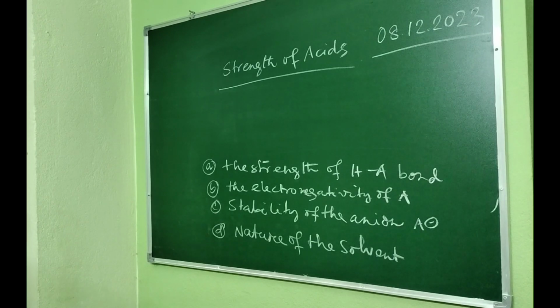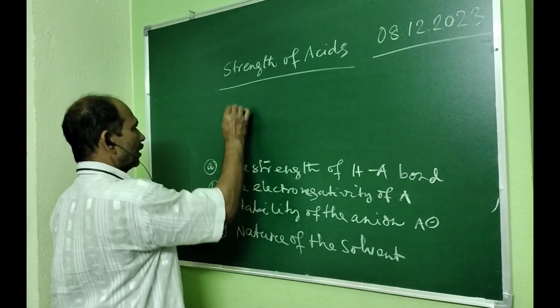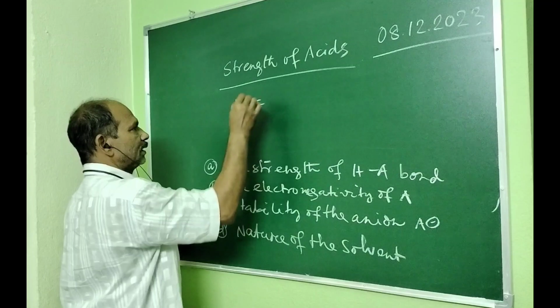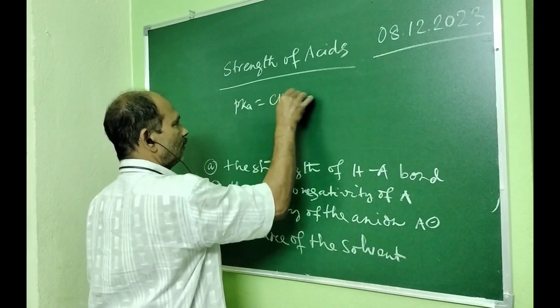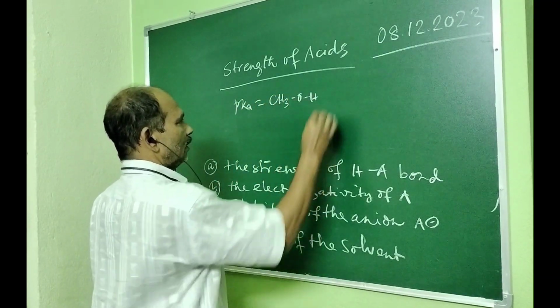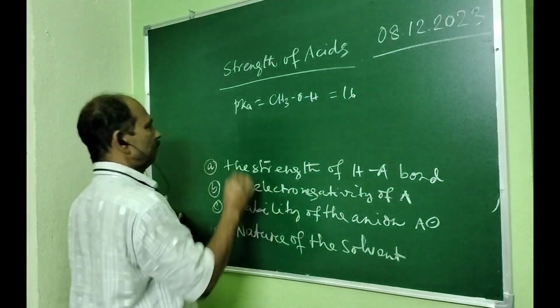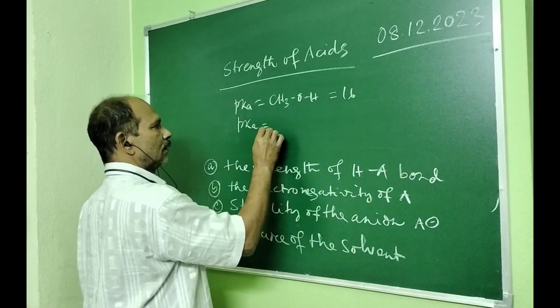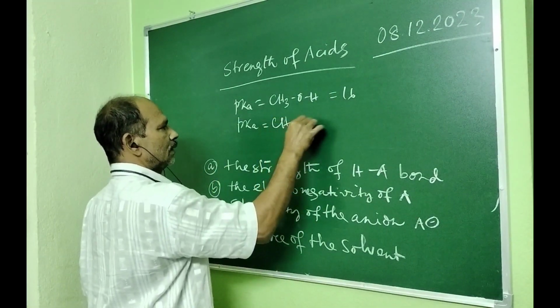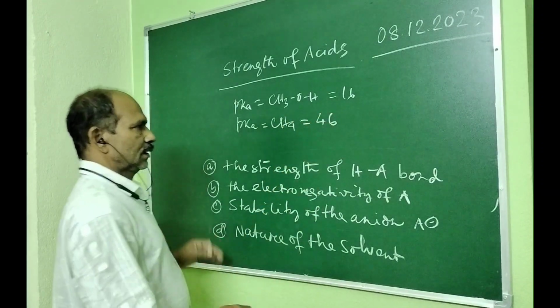Of these four factors, A is not normally found to be a limiting factor, but the effect of B is reflected in the fact that the pK of methanol is 16, whereas the pK of CH4 is 46.